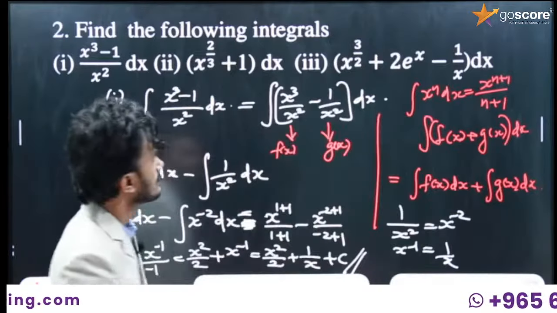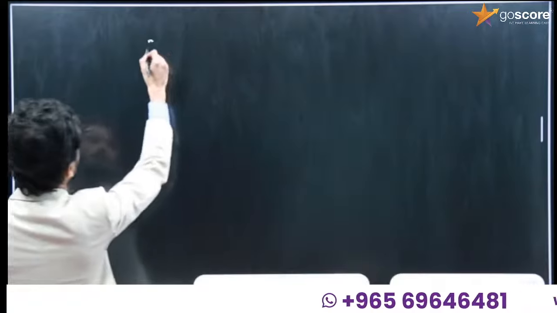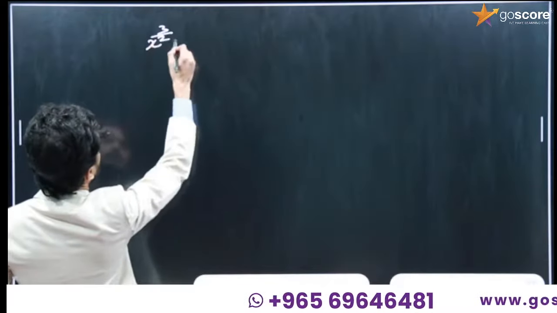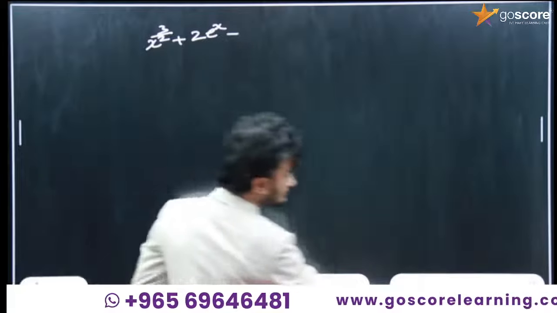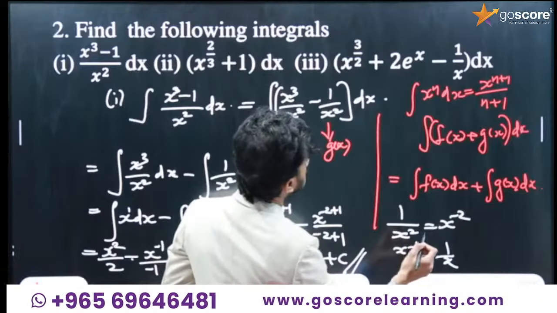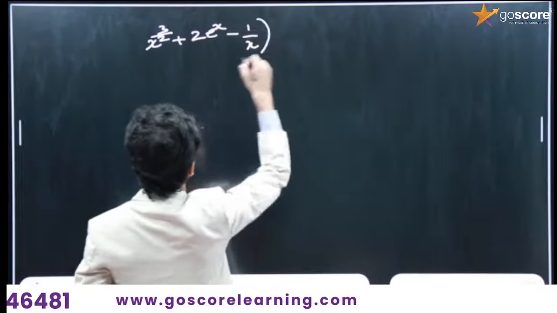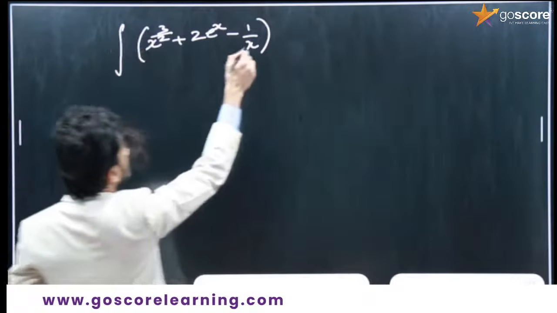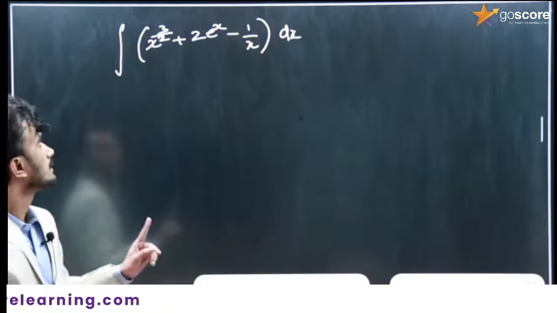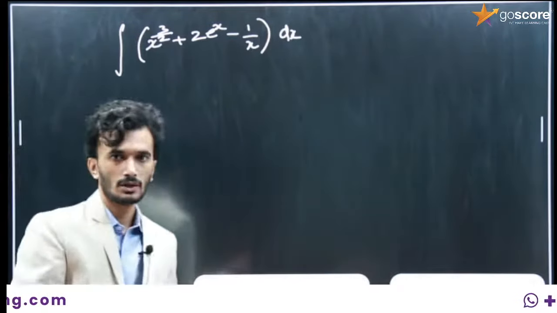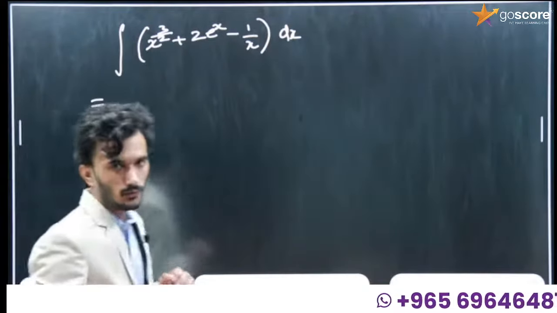Third question. Integrate x raised to 3 by 2 plus 2 into e raised to x minus 1 by x, dx.